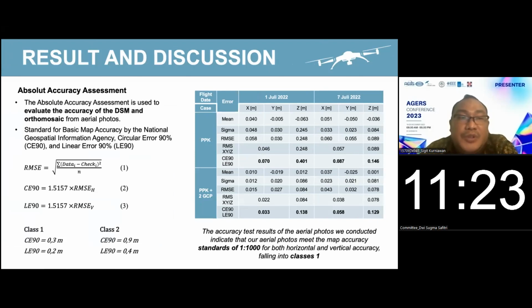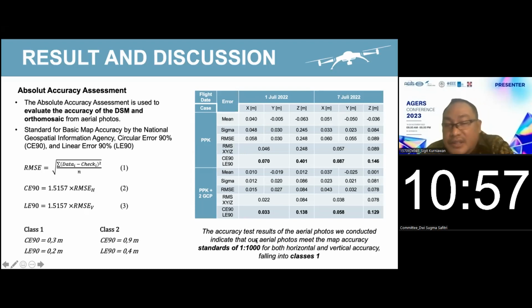And the absolute accuracy assessment is used to evaluate the accuracy of the digital surface model and orthomosaic from aerial photos. We can see the RMSE, CA90 and LA90.